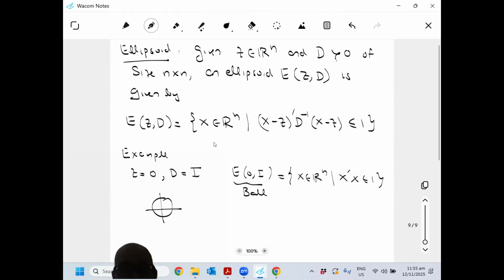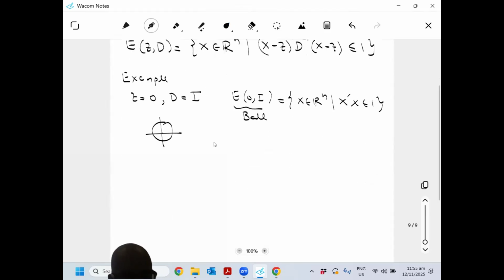Here's another example. Let's say z is (1, 1) and D is the matrix with rows (2, 1) and (1, 1). You can find D inverse for a 2 by 2 matrix.